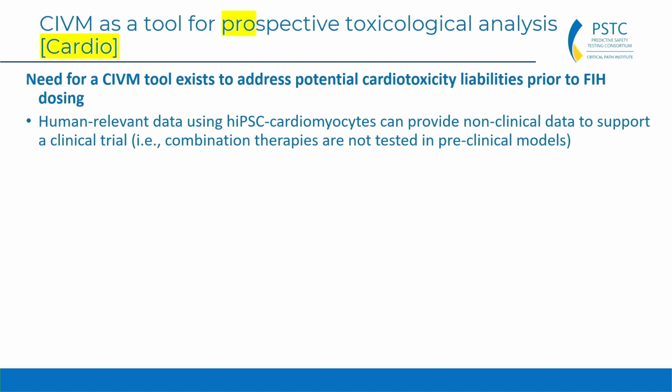And so human-relevant data using HIPSC cardiomyocytes can provide non-clinical data to support a clinical trial, especially in combination therapies which are not regularly tested in animal models. So this actually is an unmet need because this would not be done in an animal model itself. So this may be a spot where only a CIVM can provide the usable data in an efficient fashion.